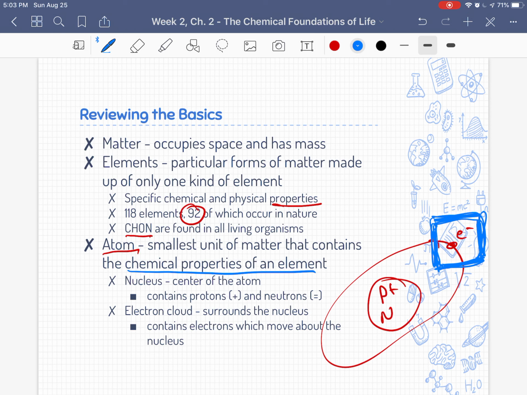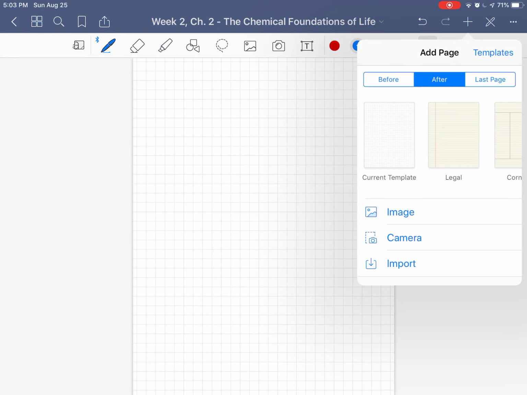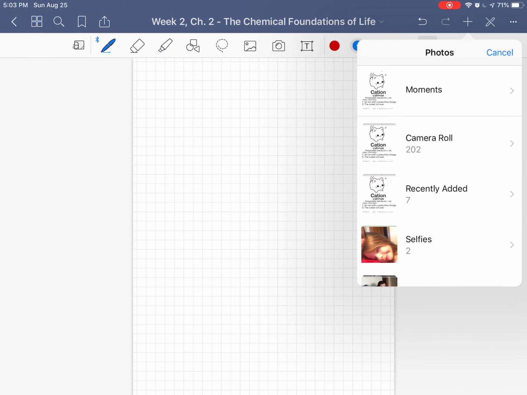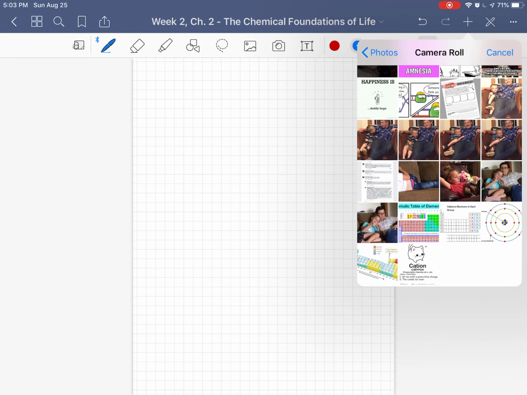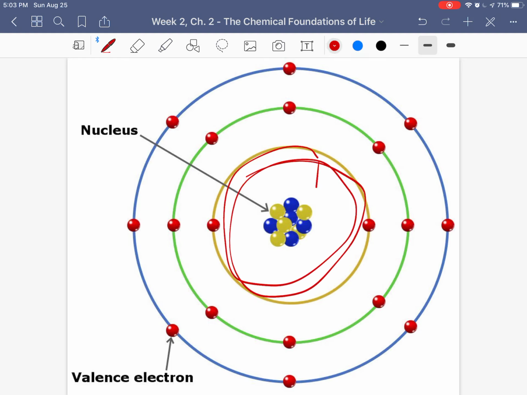Atoms, like we just drew out here, have protons and neutrons in the nucleus, and surrounding the nucleus are our electrons. The electrons are found in what's called the electron cloud, which contains electrons that move about the nucleus in an undefined path. We know that in this general area, we're going to find 2 electrons.